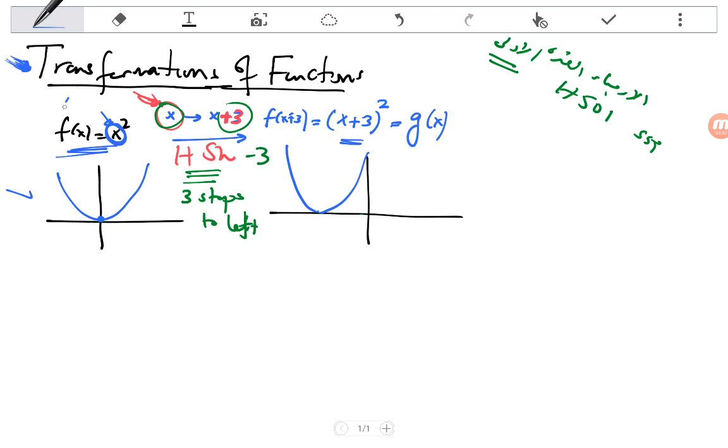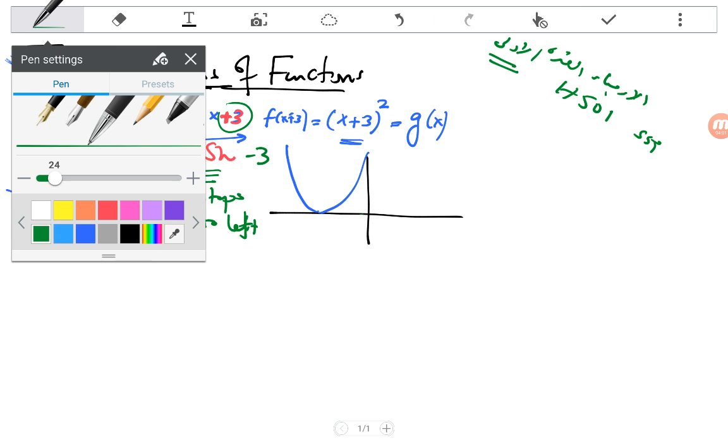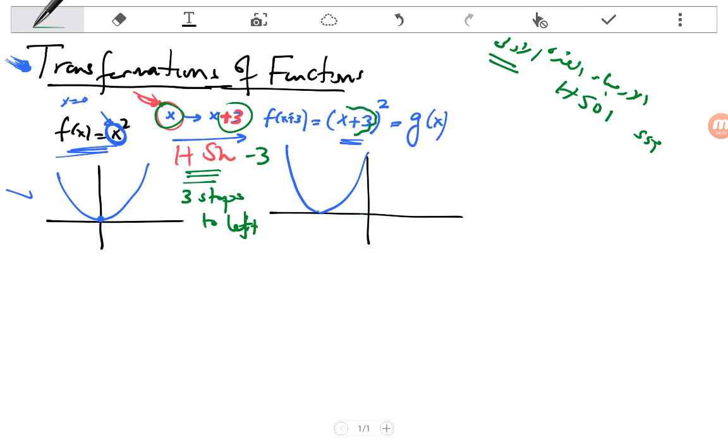In the original function, that happened when x was equal to 0. Now in this case, when would that point happen? When what is squared is equal to 0. When I say x plus 3 is equal to 0, that would mean that x is equal to negative 3. So in this new case, that point will be at negative 3.